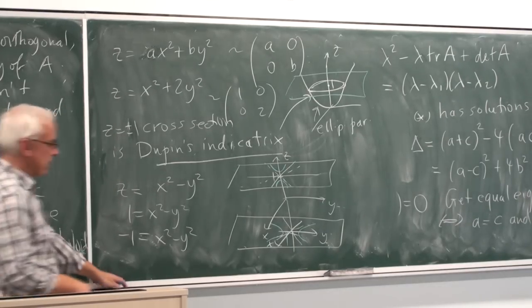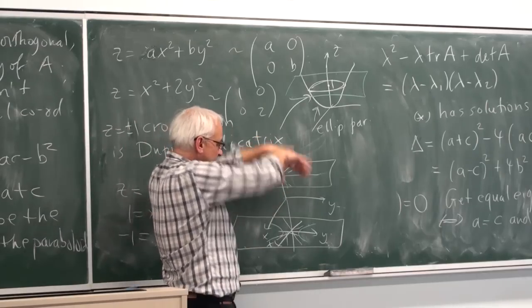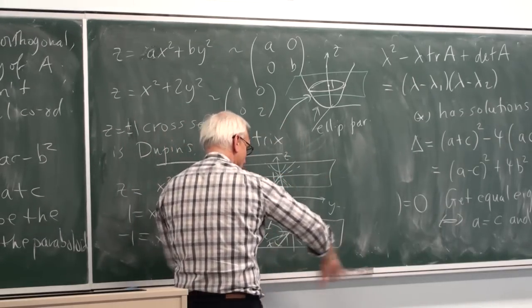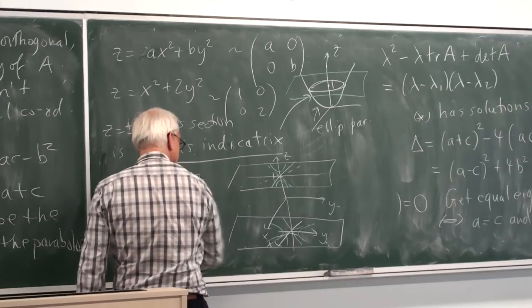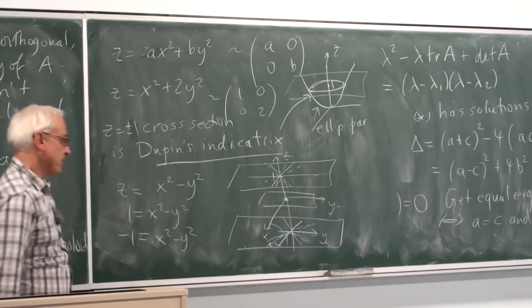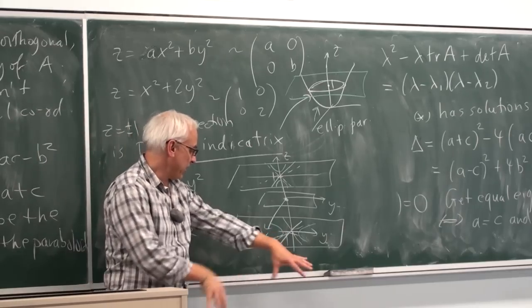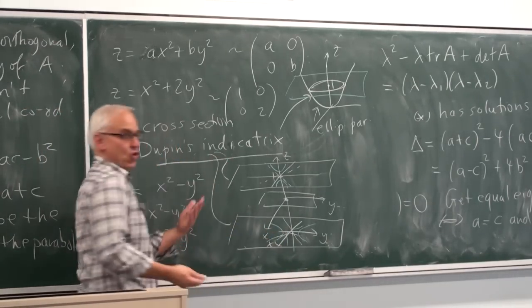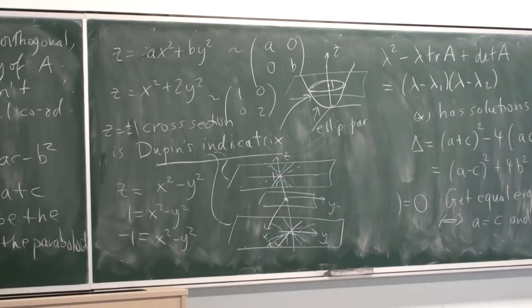So corresponding to our saddle shape. In this plane here, we have the two hyperbolas opening in this direction, down below the origin, the center of the thing, opening up in a different direction. So these are the Dupin's indicatrices. There's sort of two of them in this case.